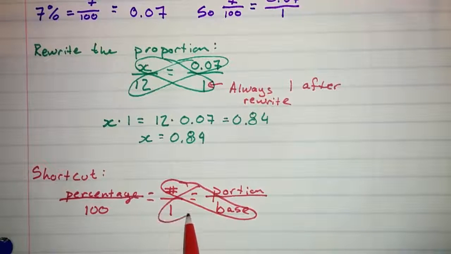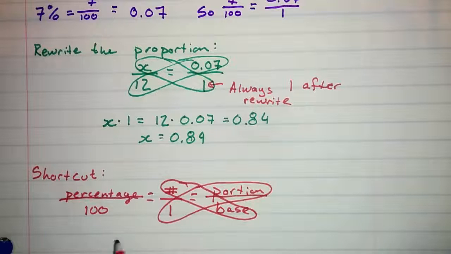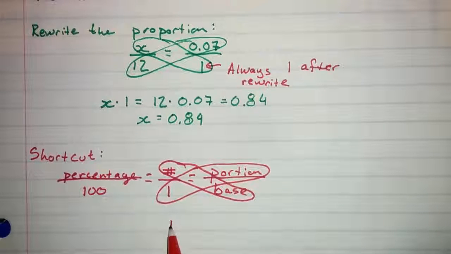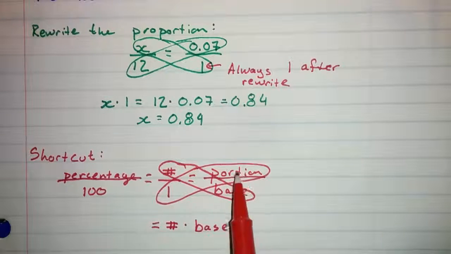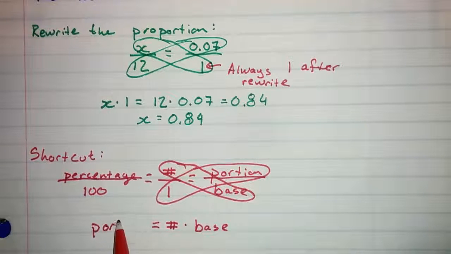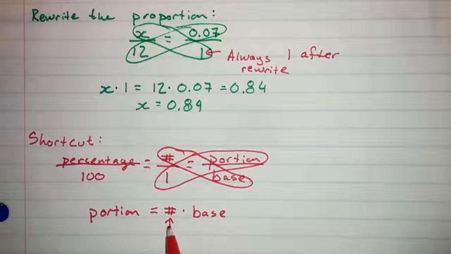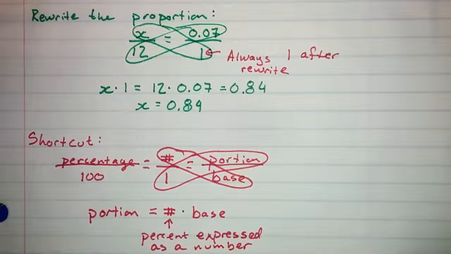Cross-multiplying, we see that if we write the percentage as a number and multiply it by the base, that's equal to 1 times the portion. So that's just equal to the portion. And this equation: portion equals this number that is our percent expressed as a number, times the base.